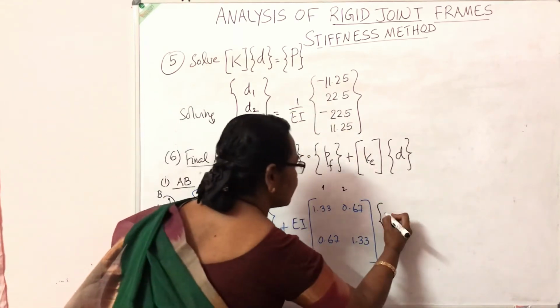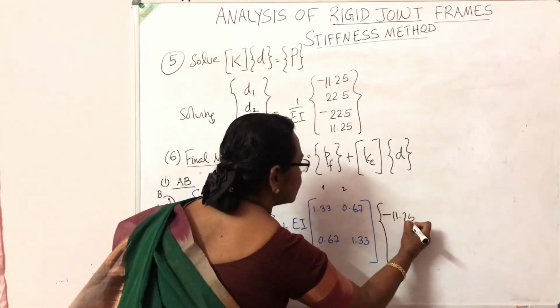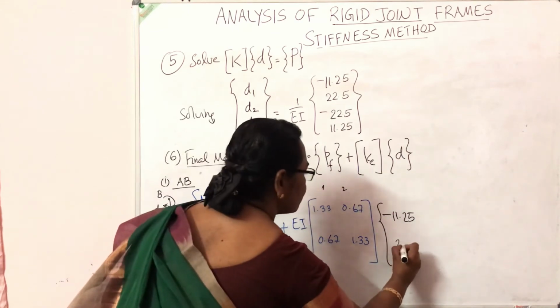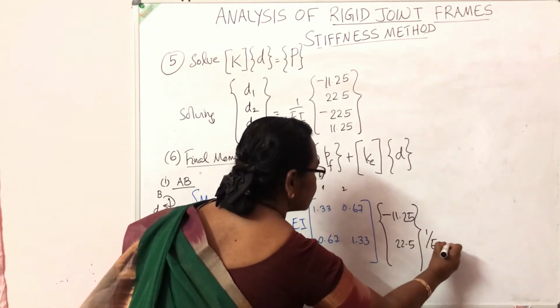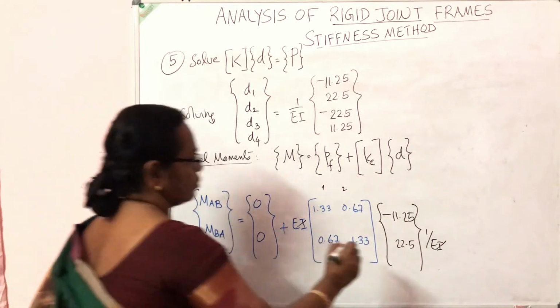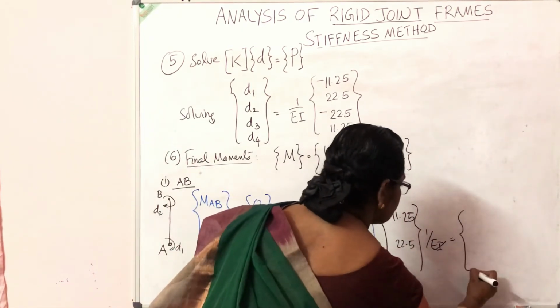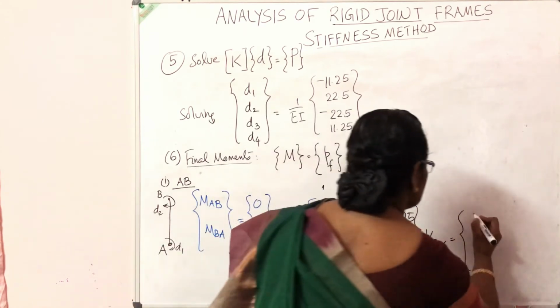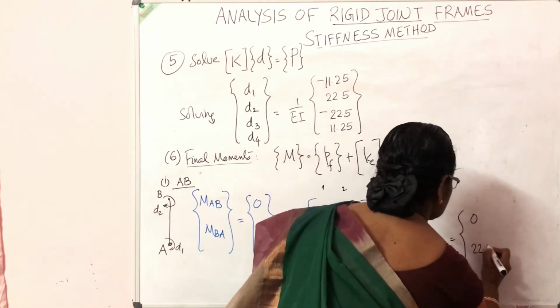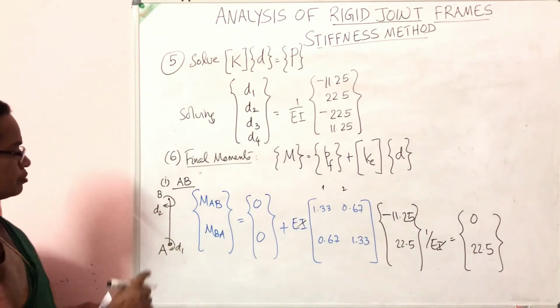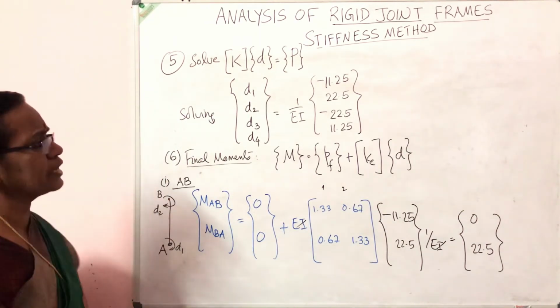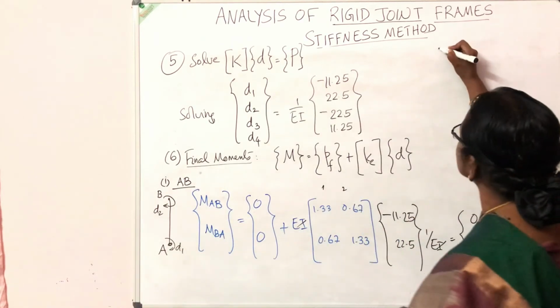D1 is minus 11.25 and D2 is 22.5, into 1 by EI. So EI is cancelled, and you check the answer. You will get 0 and 22.5 for the first element.